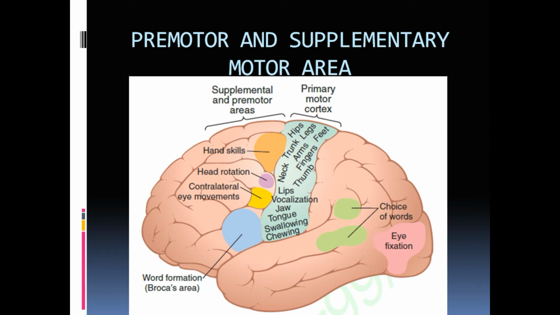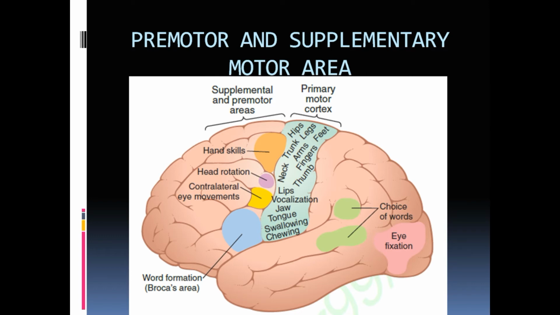That means the mirror neurons are the neurons which help a person to imitate the actions of another person, or let us say by hearing the instructions the person can imitate the action, or by seeing a person the individual can imitate the action of the other person, which helps in learning certain skills like playing a musical instrument or performing a certain function. That is the function of the mirror neurons of the premotor area. So that is one specialized function of the premotor area.